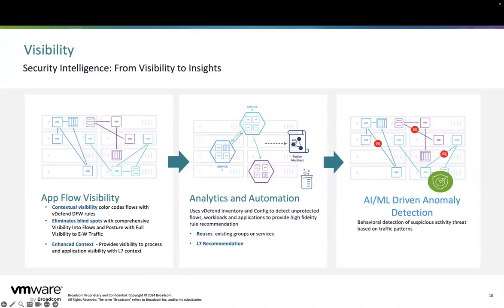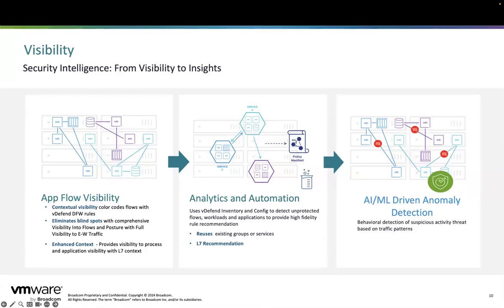So really good visibility and context just by looking at a picture to understand your environment. We'll have an entire module, by the way, on visibility with security intelligence. So we're just introducing and setting the stage here.